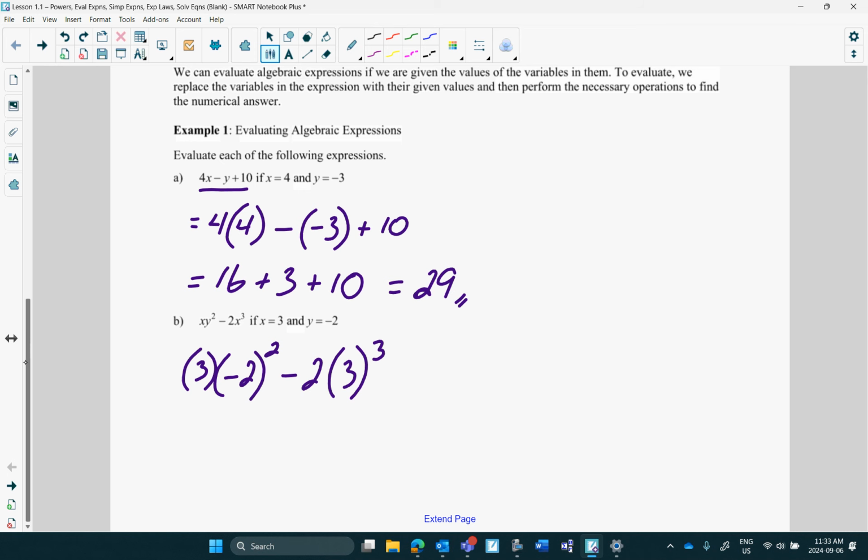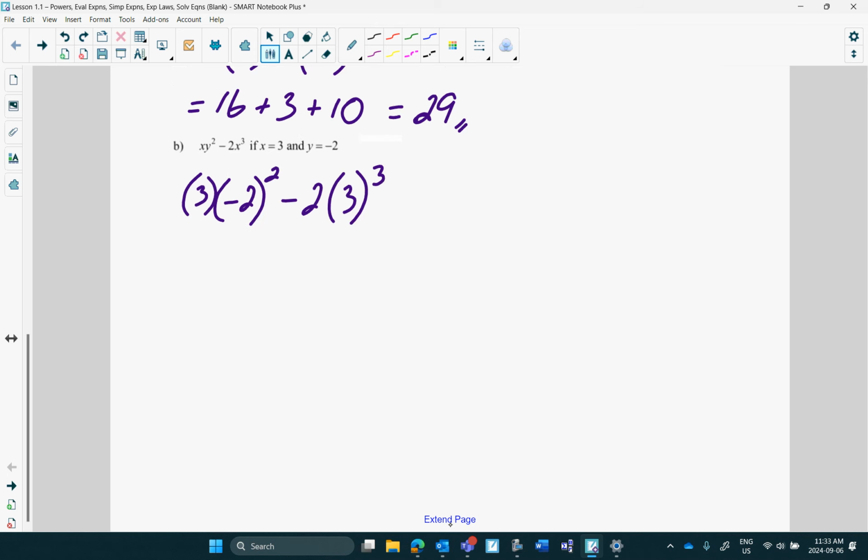Remember, order of operations. What do I do first? Can you see we've got some multiplying going on? We've got some exponents going on. We've got a subtraction going on. Which of those do I do first? The exponents. So 3 times whatever this answer is. Remember, parentheses.